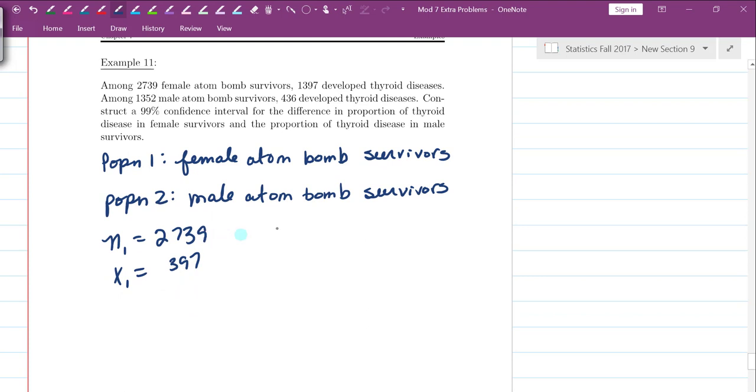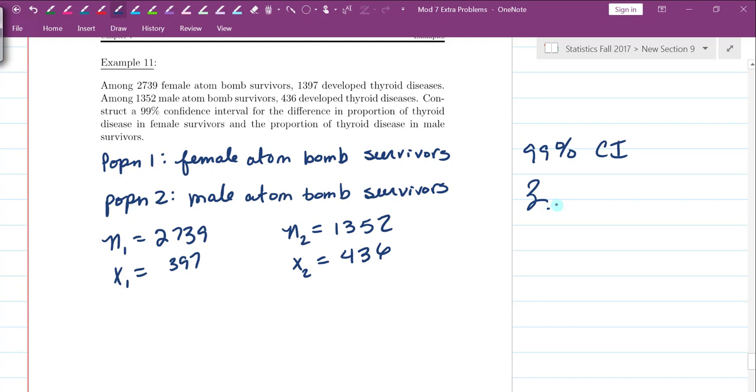We have n2 is equal to 1,352, and we have X2 is equal to 436. We are constructing a 99% CI. Because it's a proportion, we are on a Z, so we're looking at Z99, and that's going to be 2.58.